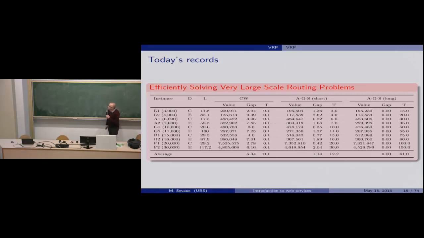If you look a bit deeper, these are very large instances, up to 30,000 customers, and the best value they can obtain is given here, and they need 150 minutes to solve the problem using metaheuristics. So this is the kind of solution they have today. They are able to solve huge problems efficiently.